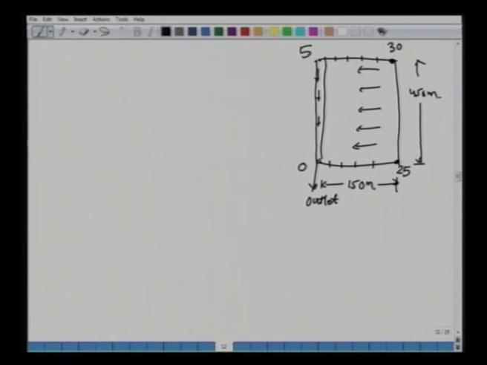It is 5 to 30 along this width, and you have divided this into 5 parts. So, it has to be 25 from here, then 20, 15, 10 and this is 5. Similarly, this will be 5, 10, 15, 20 and 25.